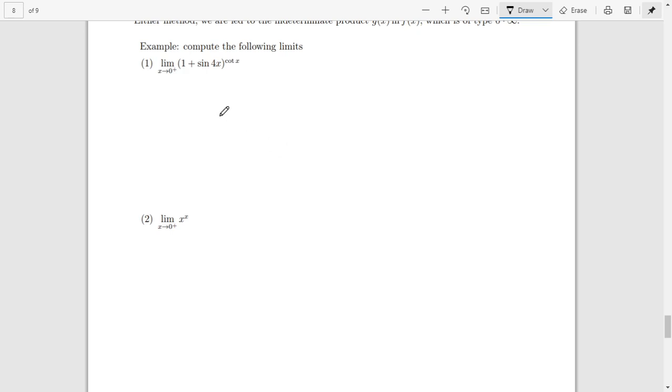Well, we know that as x tends towards 0 from the right, 1 plus sine 4x tends towards 1, because sine 0 is 0. So this is going to tend towards 1 plus 0, which is 1.